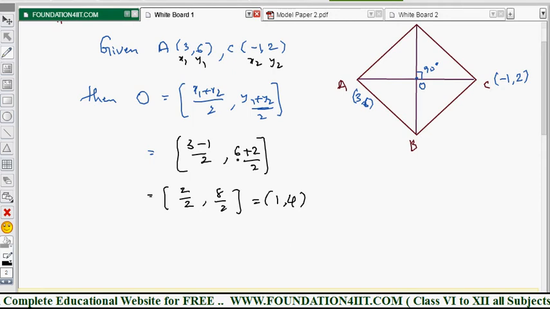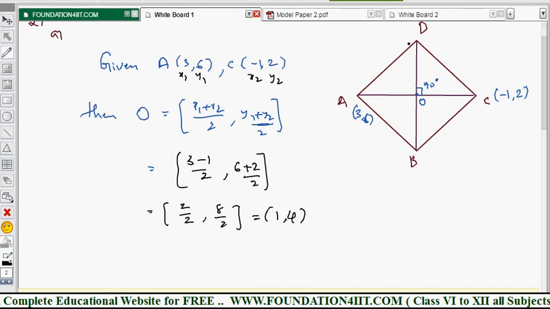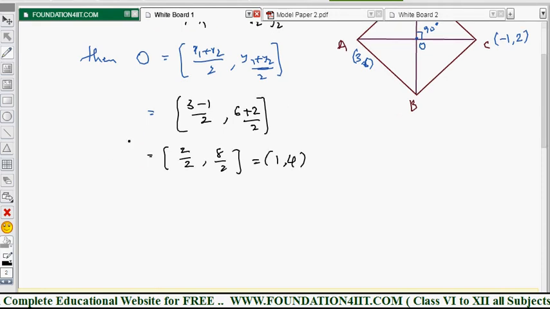Then the slope of AC. Let us find the slope of AC because AC and BD are perpendicular to each other. So find the slope of AC, then you can find the slope of BD. The formula is (y2 minus y1) by (x2 minus x1).